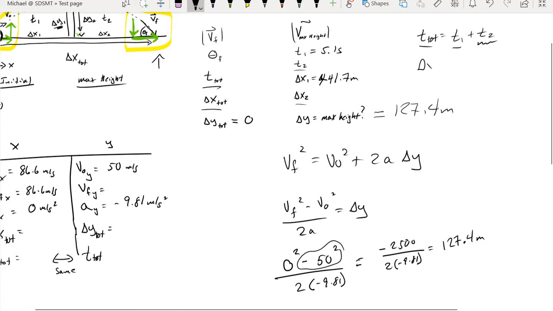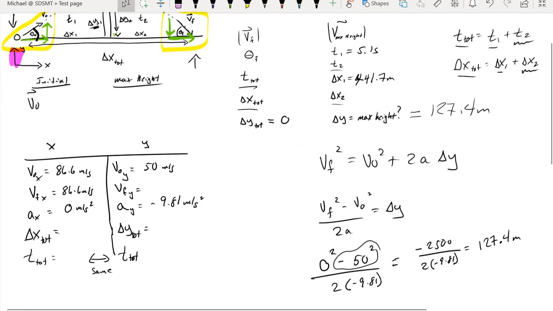Likewise, for the total displacement along the x-axis, I already know what delta x1 is. If I can find the total displacement along the x direction, then I'll get delta x2 for free. So here we go. We'll see if we can do that.